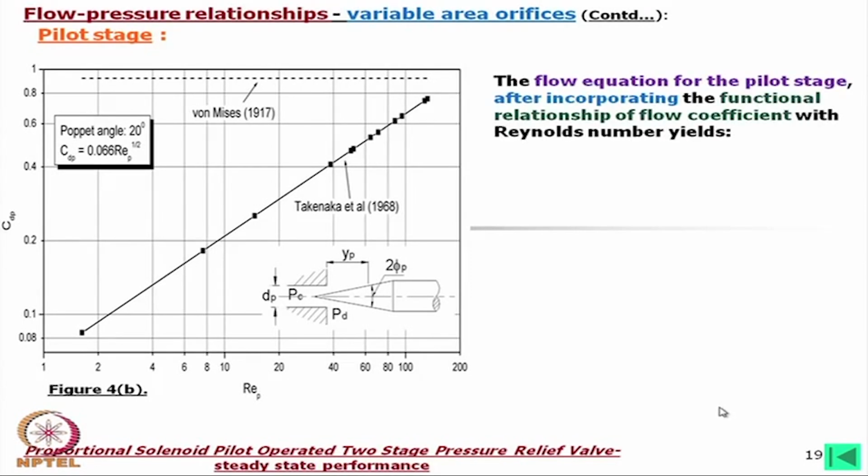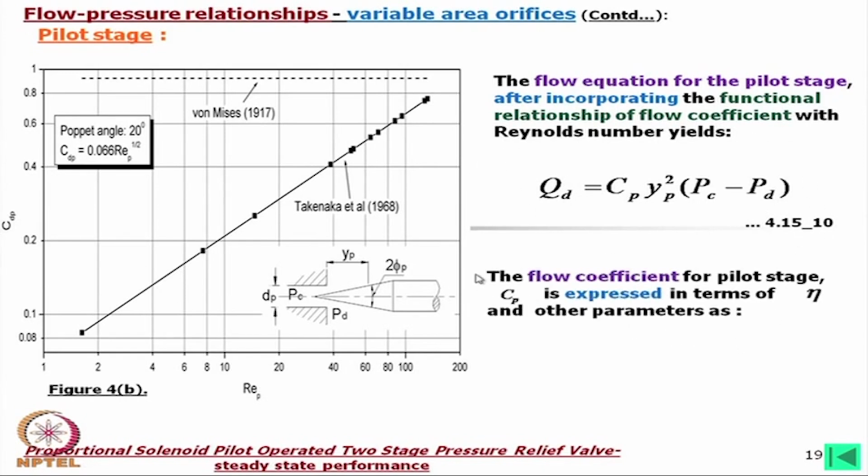Now, the flow equation for the pilot stage, after incorporating the functional relationship of the flow coefficient with the Reynolds number, yields this form, and the flow coefficient of the pilot stage C_p is expressed in terms of eta and other parameters as this. We can use this formula for flow through the pilot.